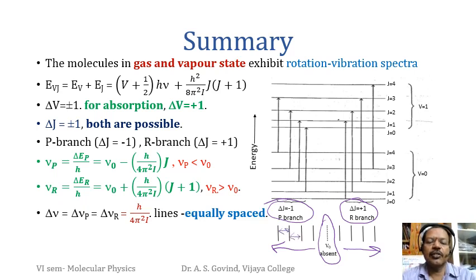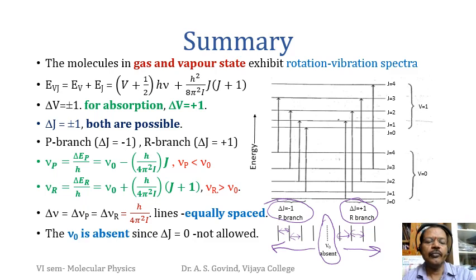So frequencies are equally spaced both in the R branch and P branch. Nu naught is absent because delta J equals 0 is not allowed. If you go from 0 to 0, you will get that nu naught, and that is not allowed. Similarly, if you go from 1 to 1, 2 to 2 and so on, you will get the same frequency, and any such transition is not allowed. That is also called the Q branch, which is not allowed.